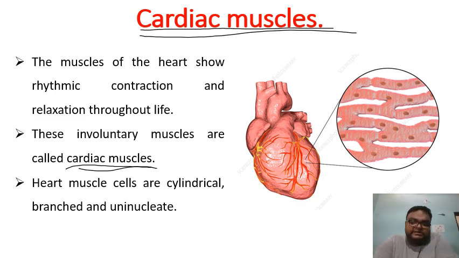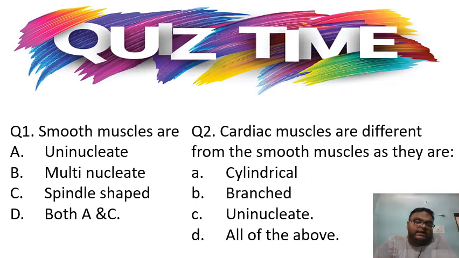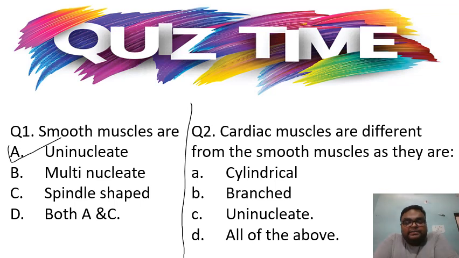Now there is one question for you. Are smooth muscles uninucleate or multinucleate? Yes, smooth muscles are uninucleate. Very good, students. So how are cardiac muscles different from the smooth muscles?